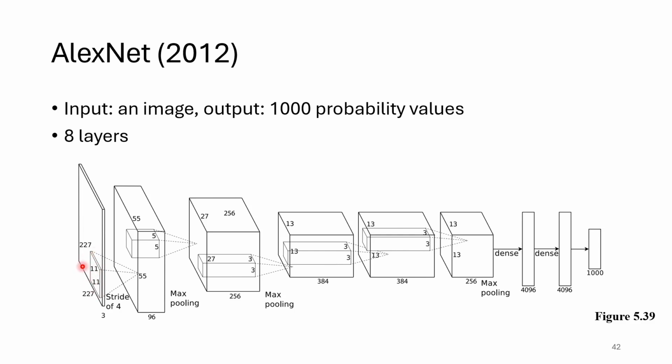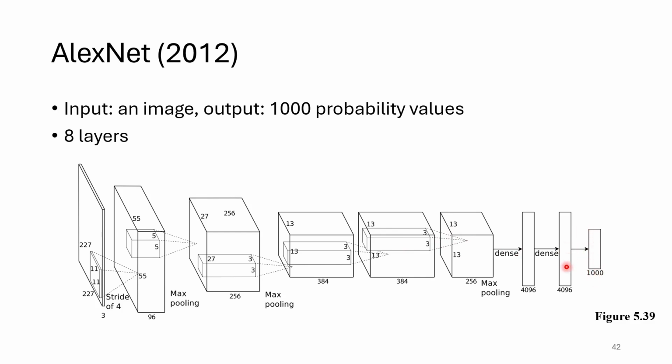Apply a convolutional kernel and get the first layer, and apply the maximum pooling. Then apply the second convolutional kernel and the maximum pooling. So get the second layer, and the convolution, the third layer, the fourth layer, 5th, 6th, 7th, and 8th. So there are totally 8 layers.